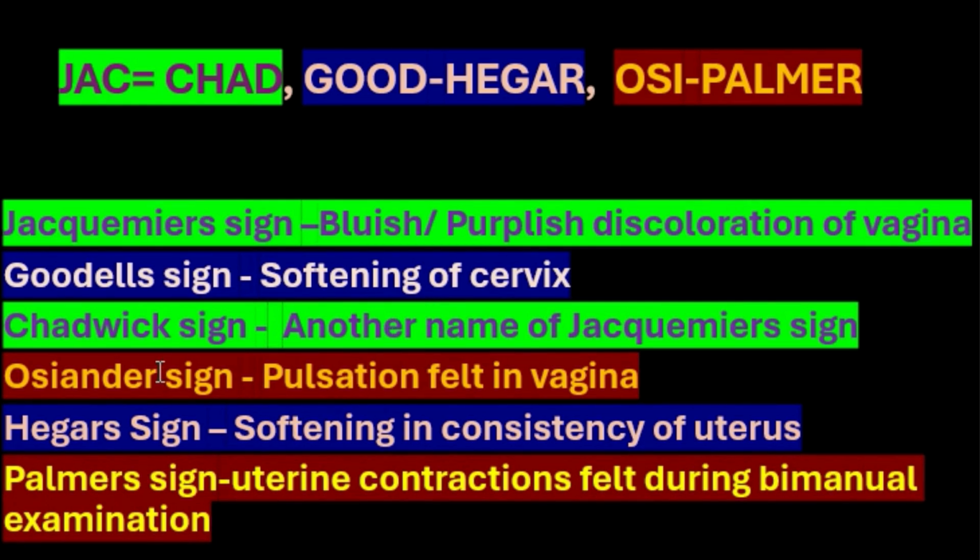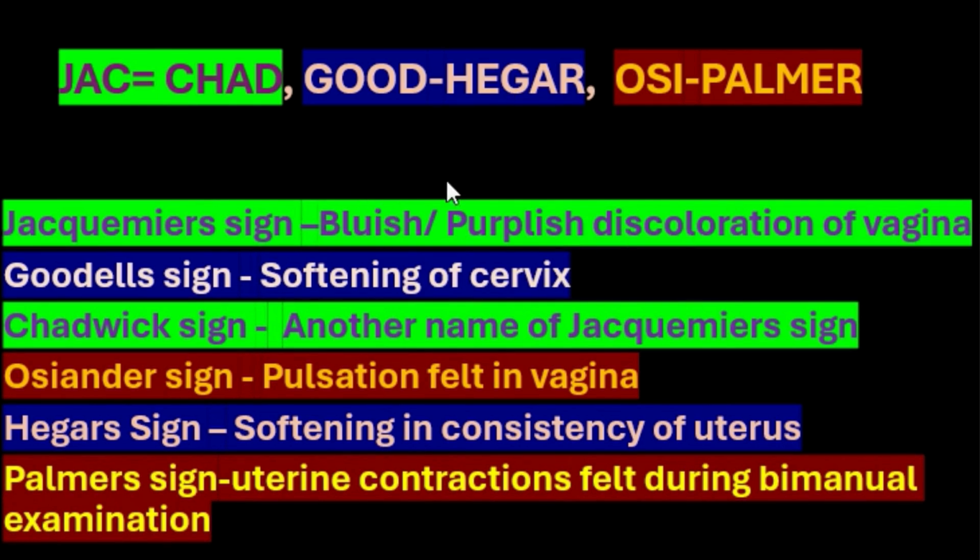Then another two set is Osiander and Palmer's. Osiander sign, you see here, pulsation felt in vagina, and Palmer's sign, uterine contraction felt during bimanual examination. These signs are felt during inspection or examination. So Chadwick is discoloration.